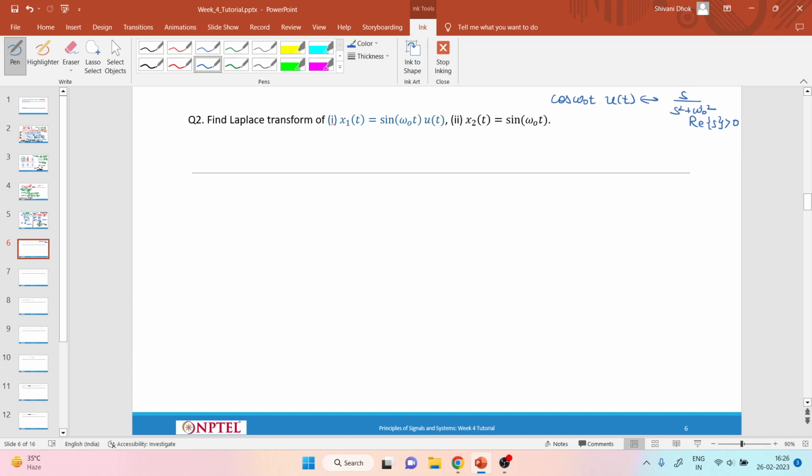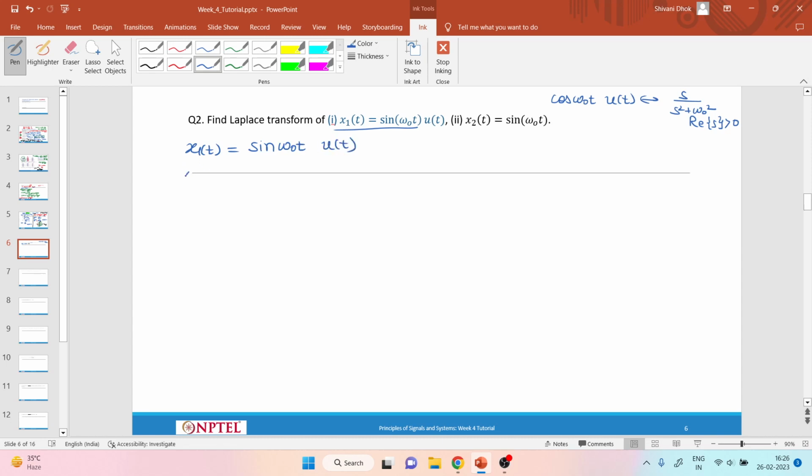Now let us look at the Laplace transform of a sine function. This is also a standard function. It is good to know what this yields to. So let us look at this. What I am having is x1 of t is equal to sine omega naught t u of t.